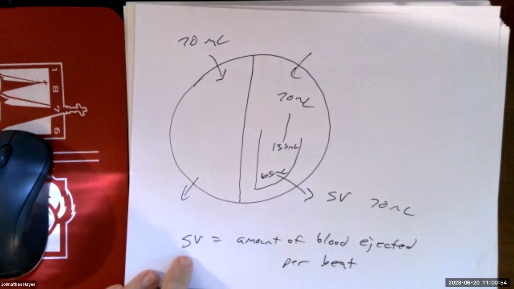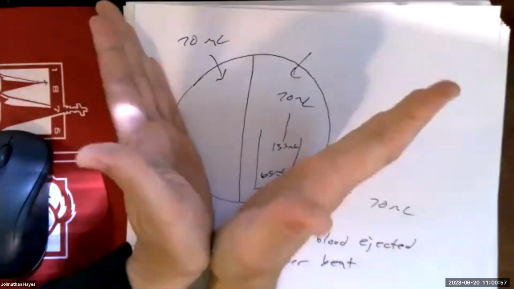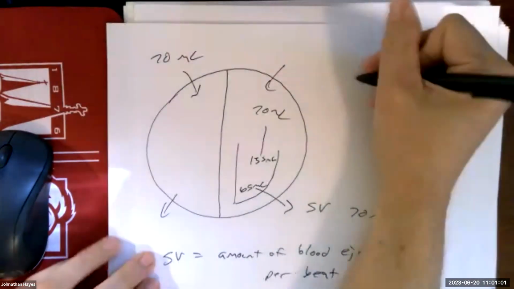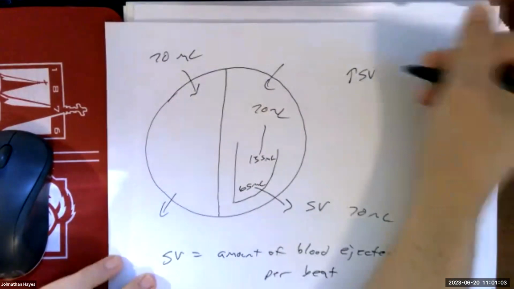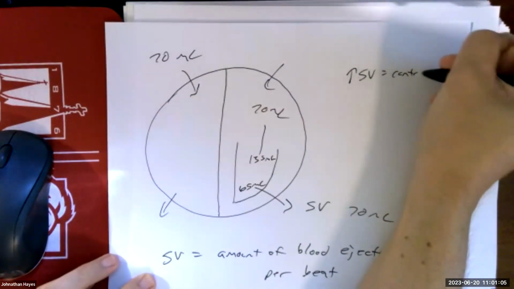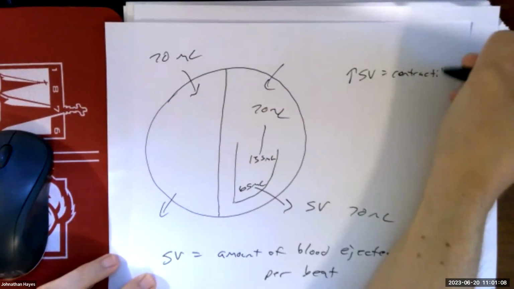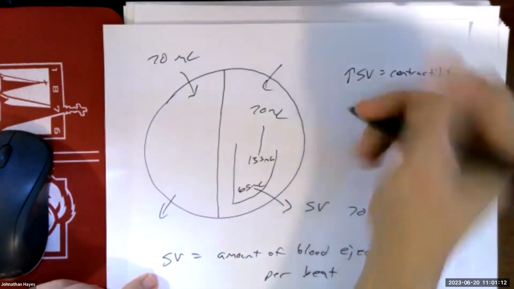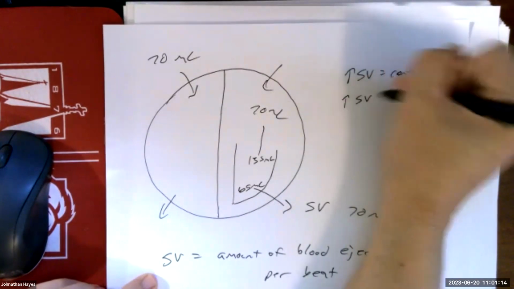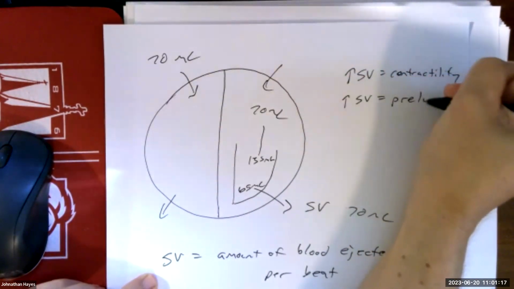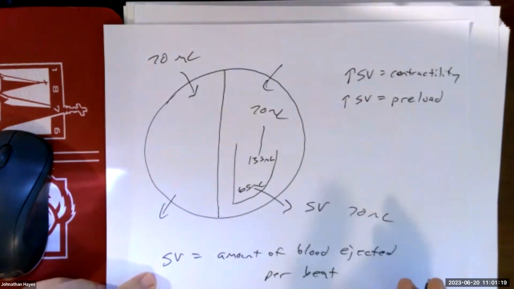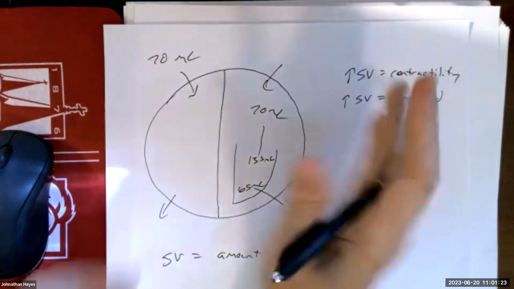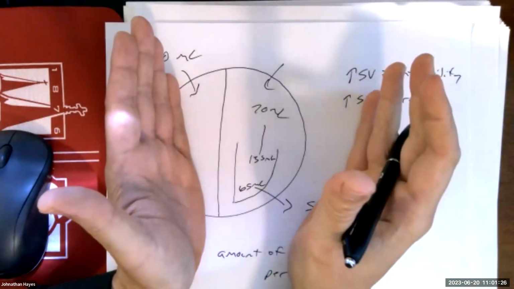But there's another way I can increase stroke volume other than just by increasing contractility. So one way we can increase stroke volume is through contractility. Like how hard is the ventricle beating? But another way I could increase stroke volume if I want to is to simply preload that left ventricle more, right? And when you're preloading, you're talking about distension of the ventricle.